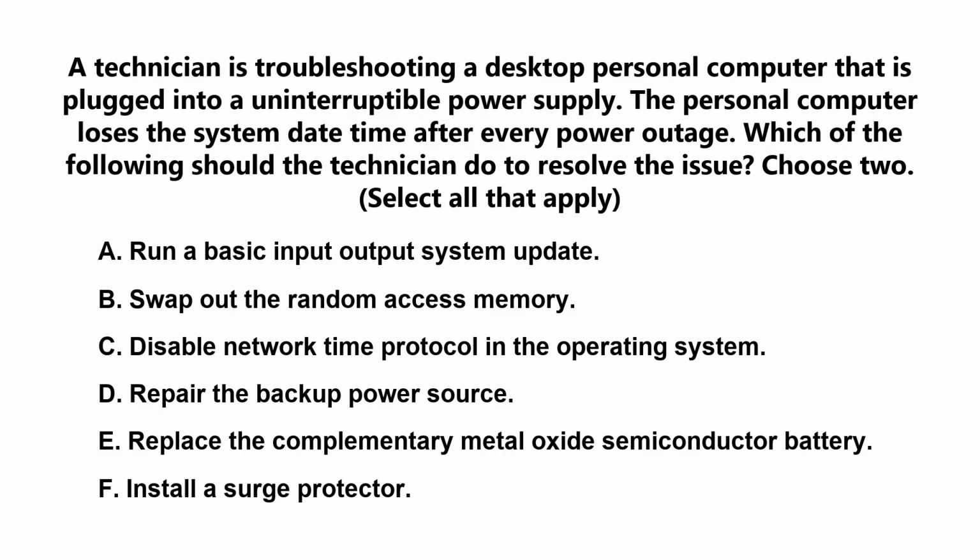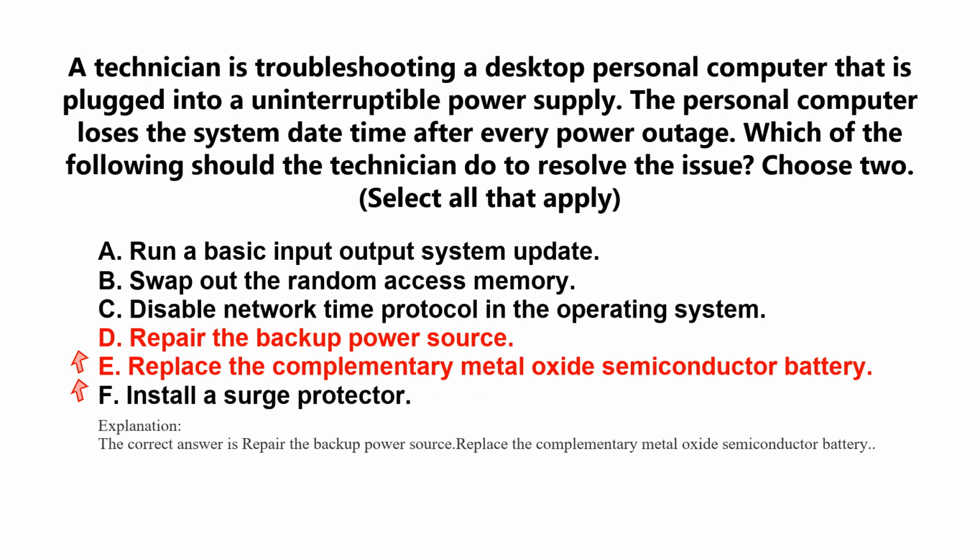Option D, repair the backup power source. Option E, replace the complementary metal oxide semiconductor battery. Option F, install a surge protector. The correct answers are options D and E: repair the backup power source, and replace the complementary metal oxide semiconductor battery.